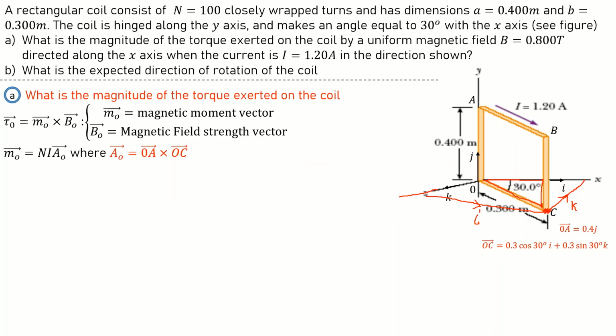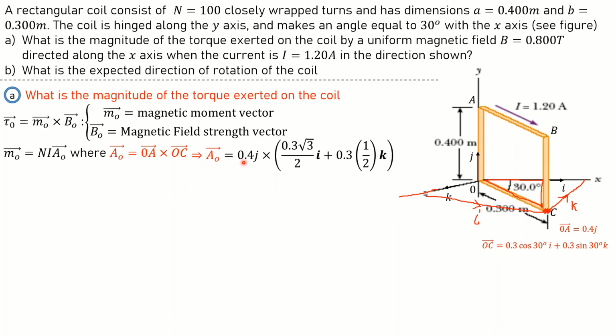Since there is no y direction, it is 0. Now for the z direction, we can use the sine to get this height. The sine of 30 is the opposite, which is the height, on the hypotenuse. So we get the height to be 0.3 sine 30, but it is in the z direction, so the unit vector in that direction is k. Having that in mind, we have gotten our position vectors OA and OC.